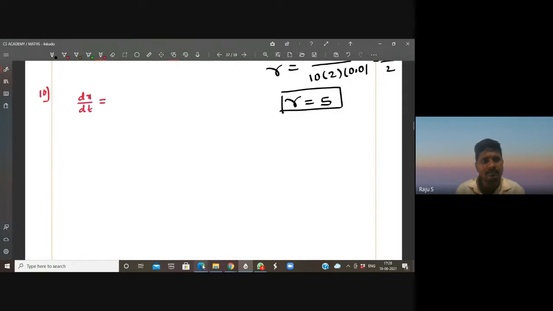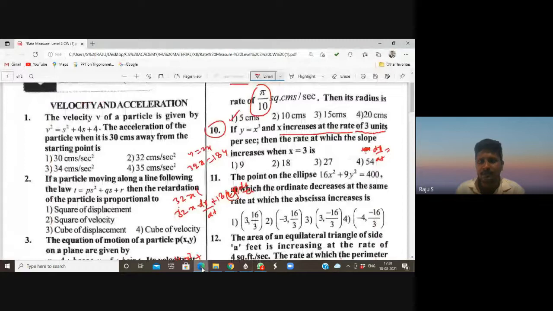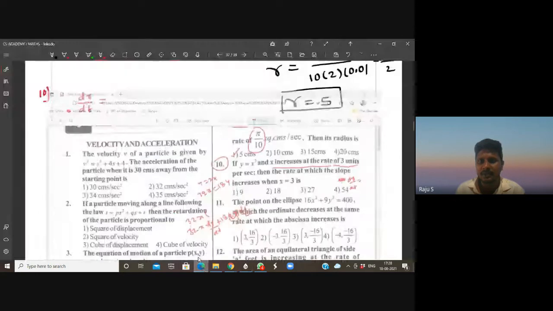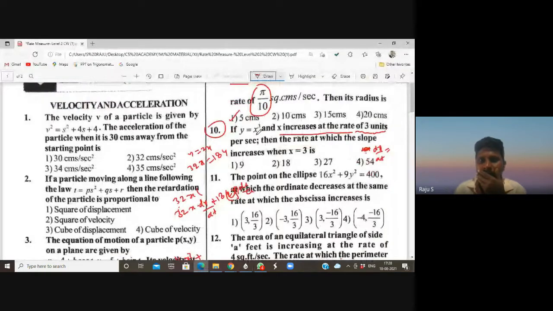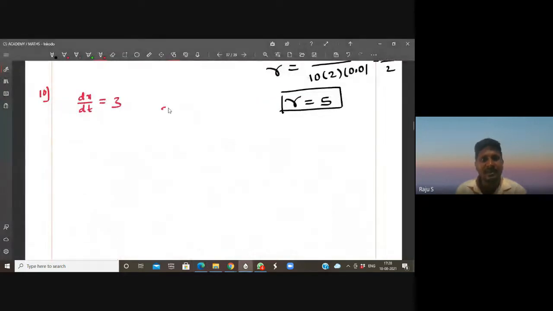The rate of change of x is given by dx by dt, that value they have given as 3 units. And this is the given curve. Then the rate at which the slope increases when x is equal to 3. The x value is also given. Then they have given the curve y is equal to x cube.